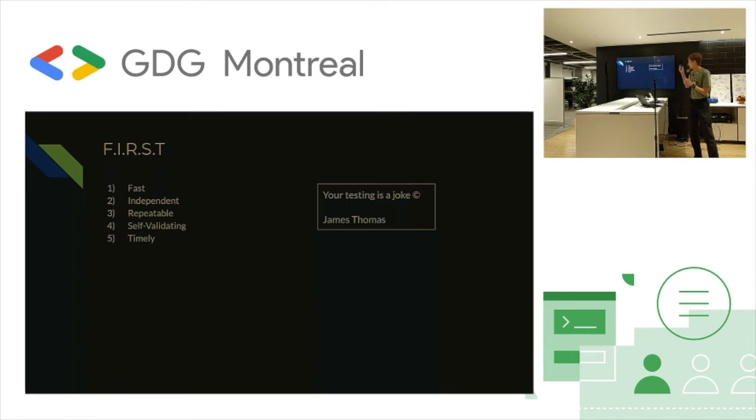Repeatable. That's the most important thing about unit testing ever. 10 times out of 10, no matter what computer is used for testing, no matter your network connection, position on the Earth, time zone, no matter what, tests should either pass or fail. Because if it depends on something that is not the code under test, it means you cannot rely on this test.